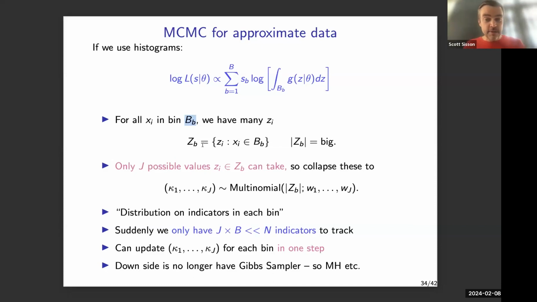So for each bin, we can construct the set and say, for each xi that's in a bin, let's collect together the zi's. And these zi's are the numbers 1 to j, where j is the number of components. And there's a lot of them. Because they can only take the values 1 to j, we can summarize them in a vector. Let kappa 1 be the number of ones we've got, kappa 2 the number of twos we've got, and so on.